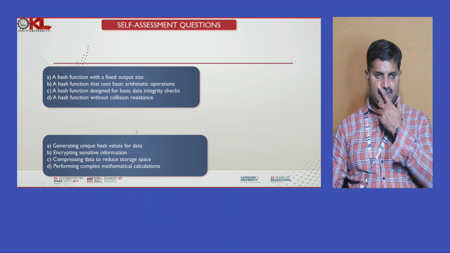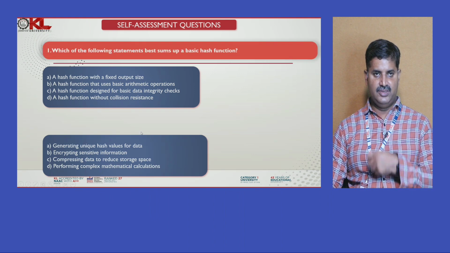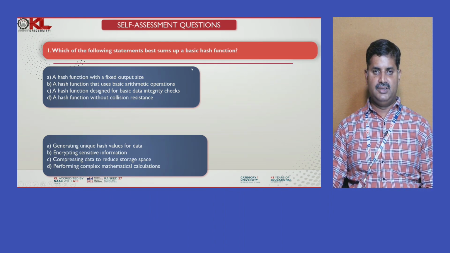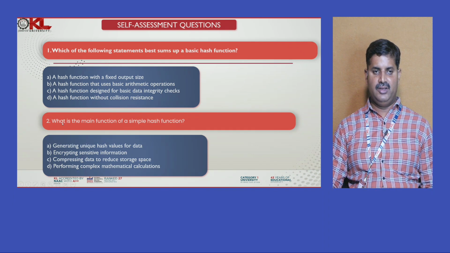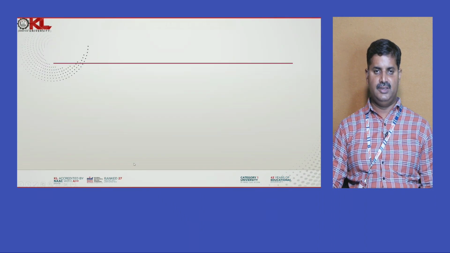These are self-assessment questions. The first question: which of the following statements best sums up a basic hash function? The correct answer is a hash function designed for basic data integrity checks. Second question: what is the main function of a simple hash function? Performing complex mathematical calculations, and also compressing data to reduce storage space.